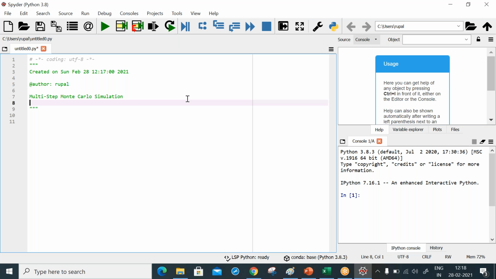Why multi-step? There is no clear-cut definition of multi-step, but as I told you, we have 88 steps in between. So therefore, I call it multi-step Monte Carlo simulation.